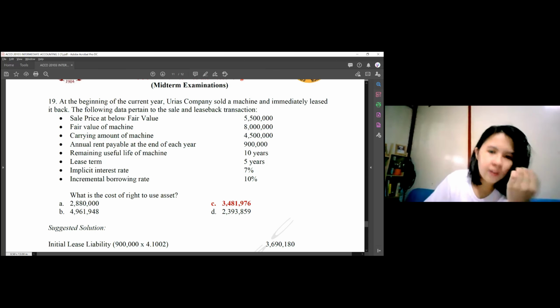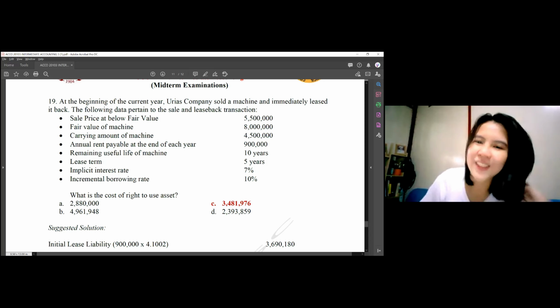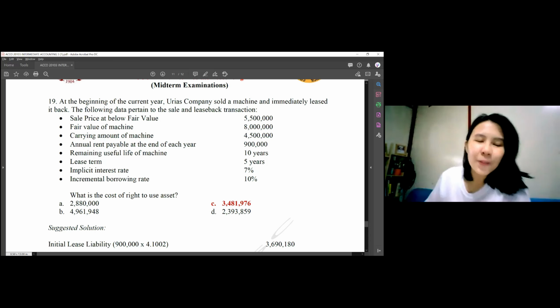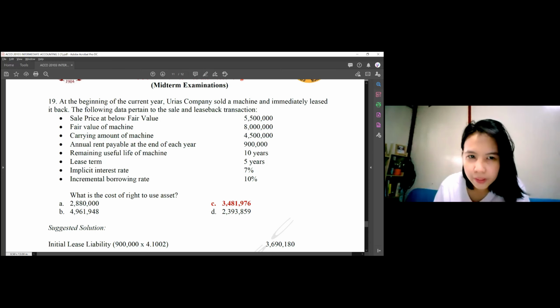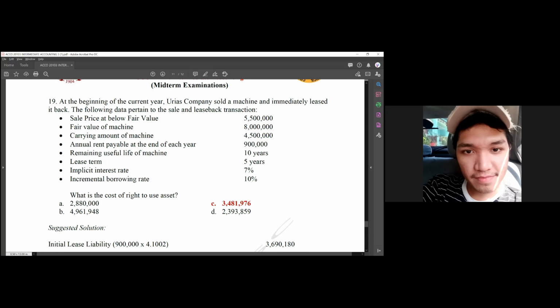So, first things first. Sorry for the noise. Kukunin natin si initial lease liability using the annual rent payable multiplied by PVF of ordinary annuity. So, it's 1.07 raised to the power of -5. Okay, 1 minus the answer divided by 7%.